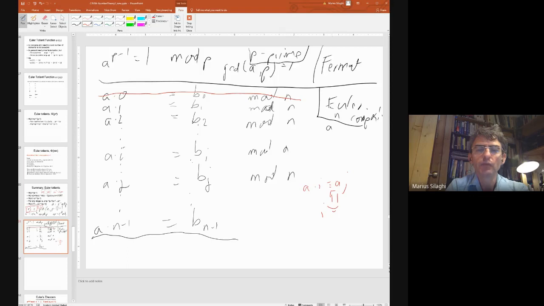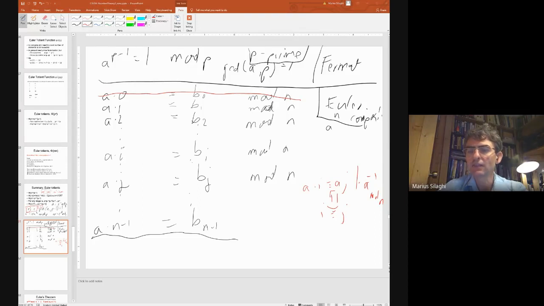Otherwise said, we should be able to multiply with the inverse of A mod n. Is it possible to multiply with the inverse of A mod n? Always? When can you multiply with the inverse of A? Only when the inverse of A exists.